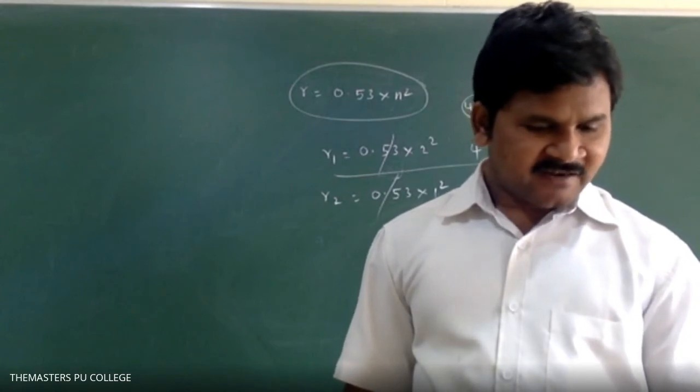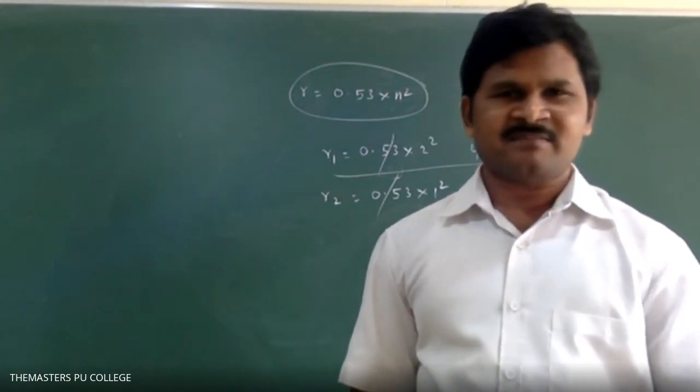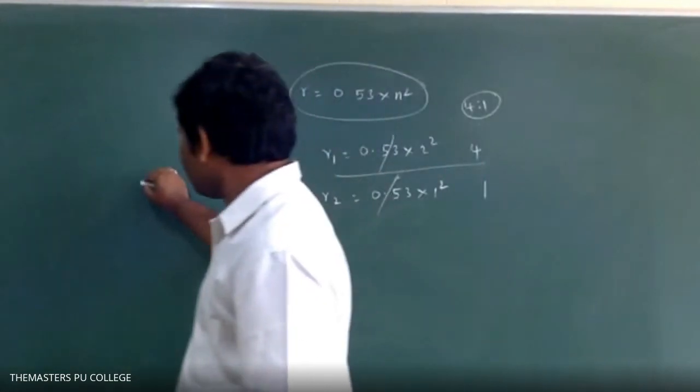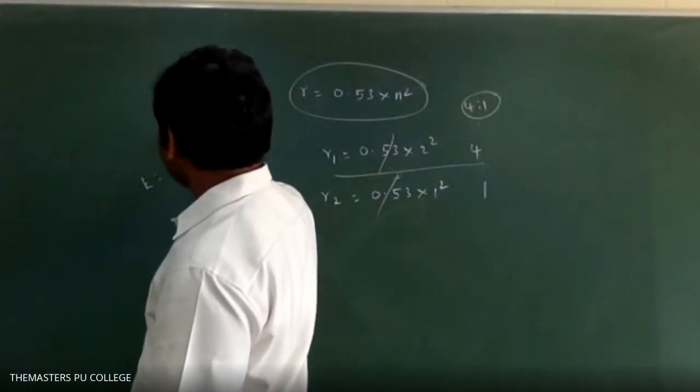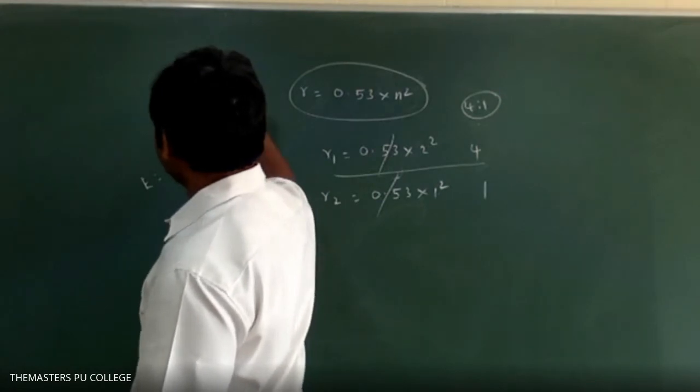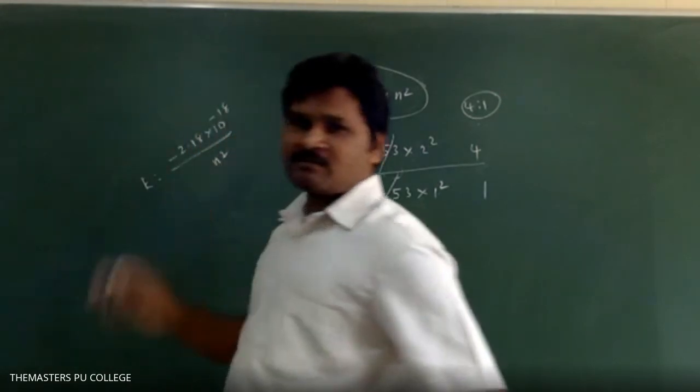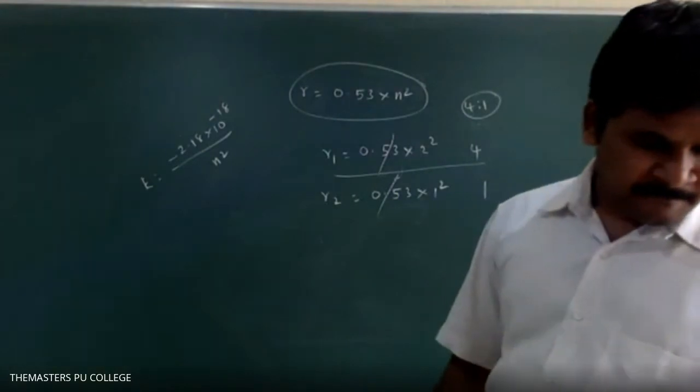Next. Energy of the electron of the hydrogen atom in the second Bohr orbit. The formula is E is equal to minus 2.18 into 10 to the power minus 18 by n square, in joules.